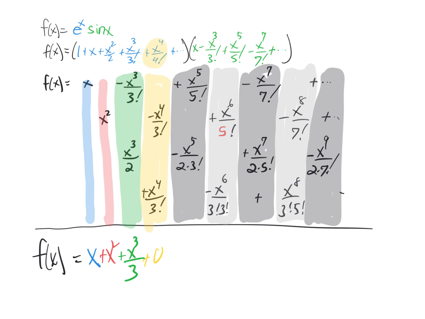x to the 4th times x, and that gives us x to the 5th over 4 factorial. All right. So what is 1 over 120 minus 1 over 12 plus 1 over 24? Let's find that out.